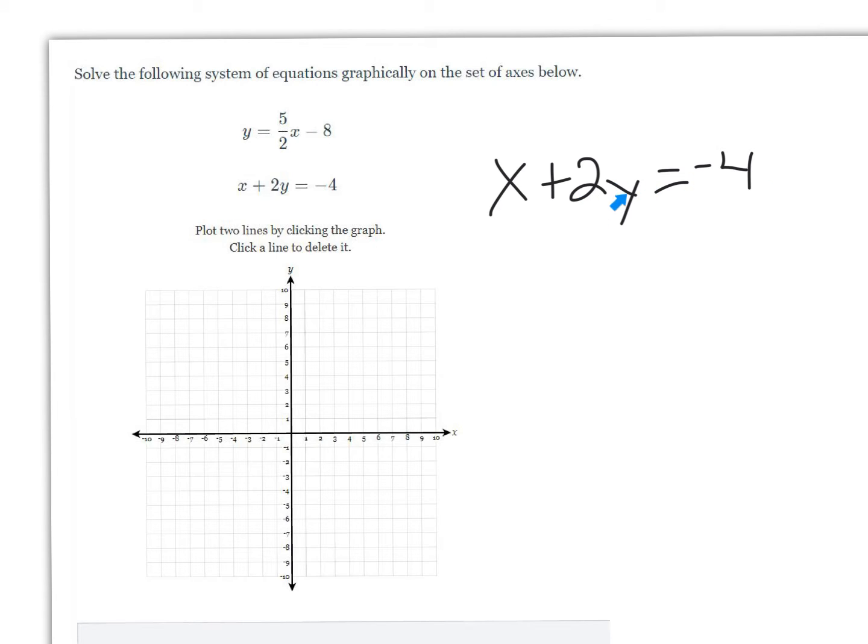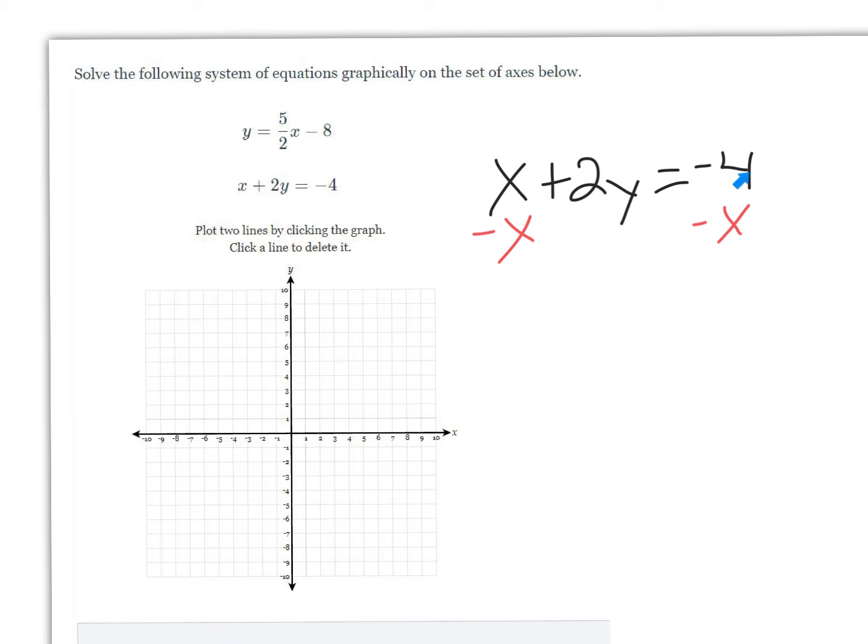Well, I need it to say y equals. So what I'm going to try to do is isolate this y. First of all, I have this x. So I need to remove this x. The way to remove a positive 1x is to subtract a 1x. That means we have to subtract x over here. But like I've said, this does not say -4 minus 1.